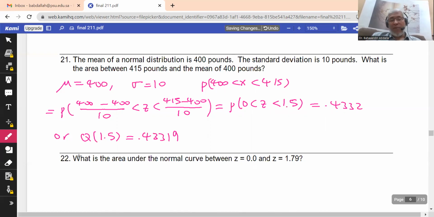And if you approximate this to 4 decimal places, you will get the same answer.